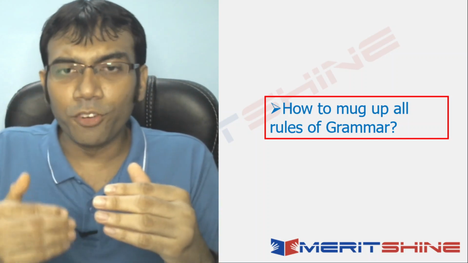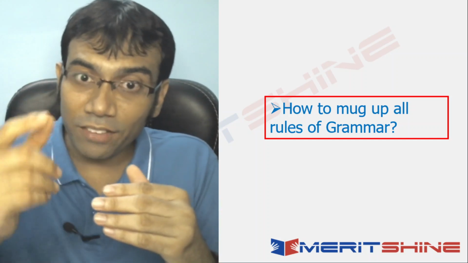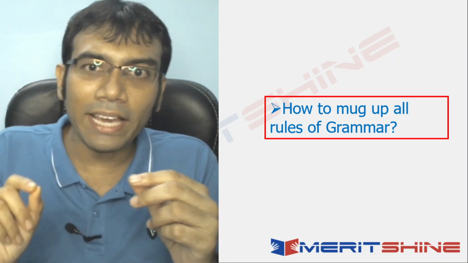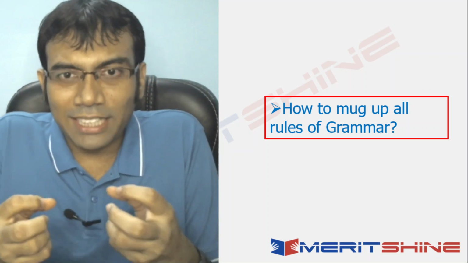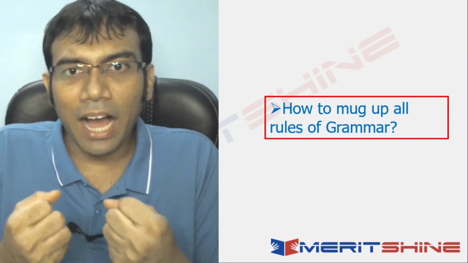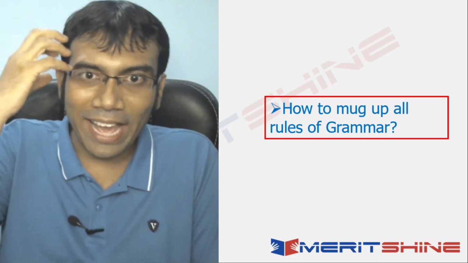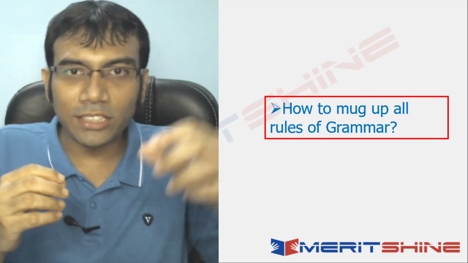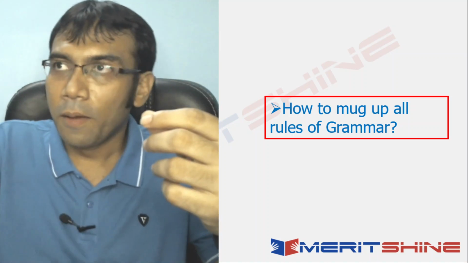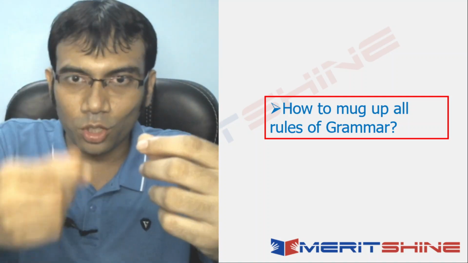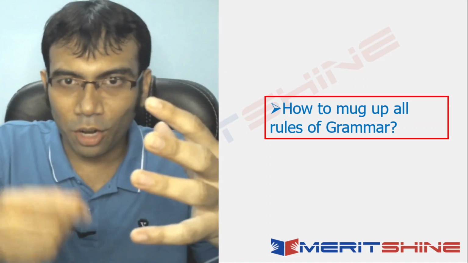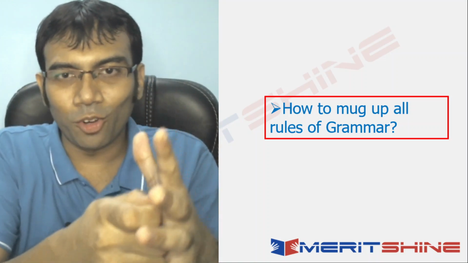Senseless mugging up of rules and trying to fit every case to some known case, it's like assuming that we are robots, we are computers. We have an AI machinery in here which takes one rule, matches the question to all those rules that are there in our mind and fits it in one rule.